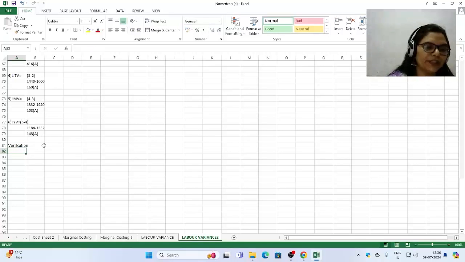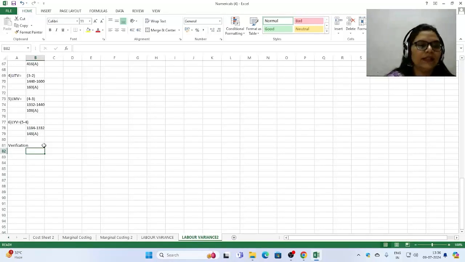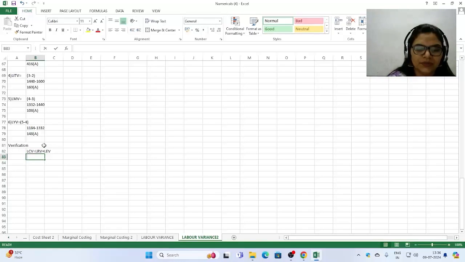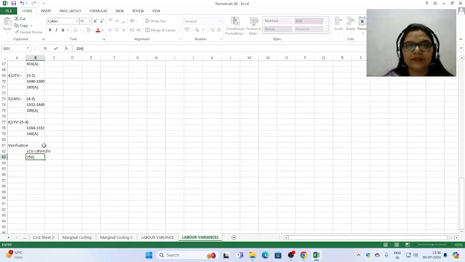Verification can be done with the equation: labor cost variance is equal to labor rate variance plus labor efficiency variance. Labor cost variance is equal to 256. We know it is adverse. We usually write adverse in front of those variances which are negative. It is 160 favorable plus 416 adverse.